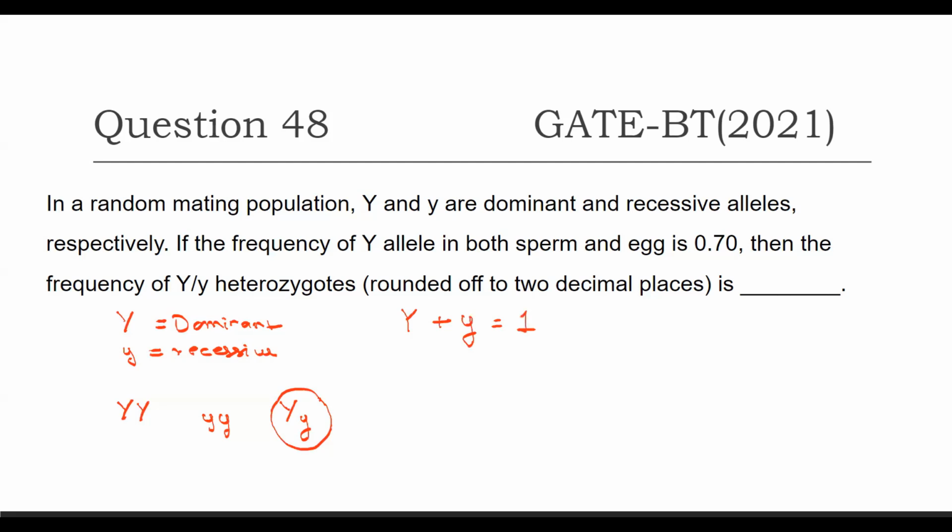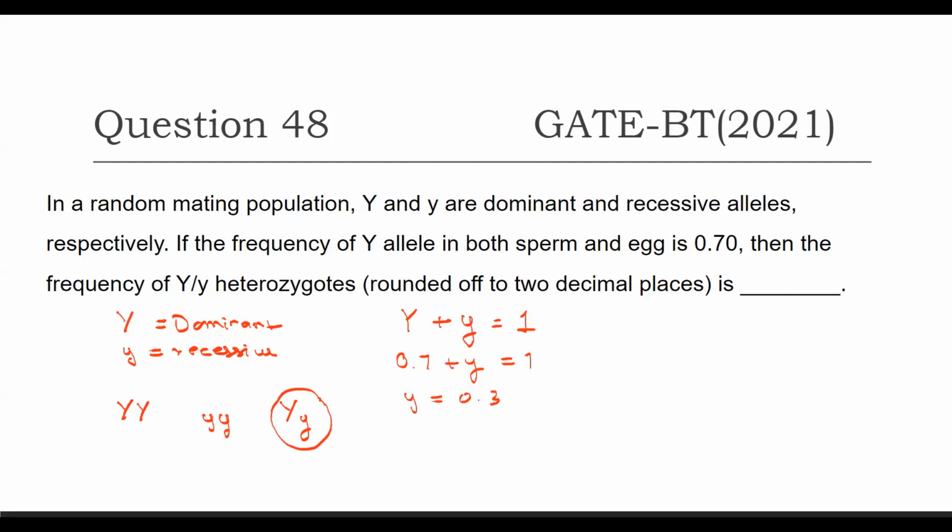They have given you the probability or the frequency of capital Y, which is 0.7. So that means you can find out the frequency of small y, which is equal to 0.3.